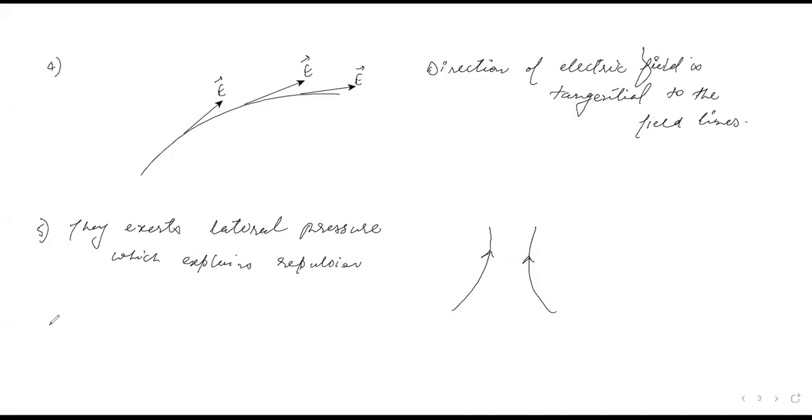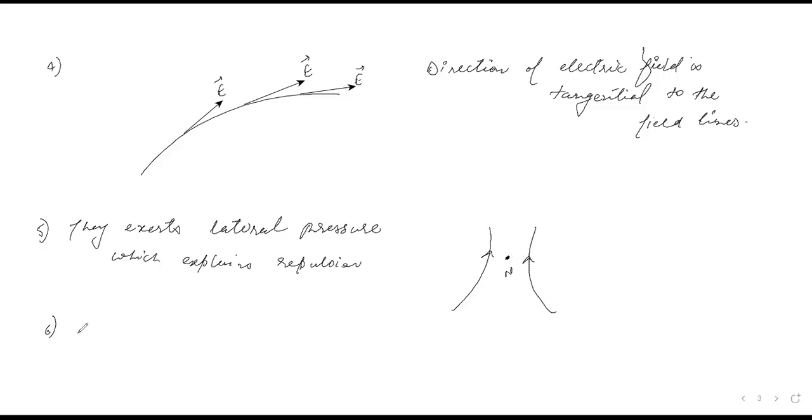And the next point is, in between these two field lines, a neutral point is found. This is a neutral point. You should remember that electric field lines never cross a neutral point.